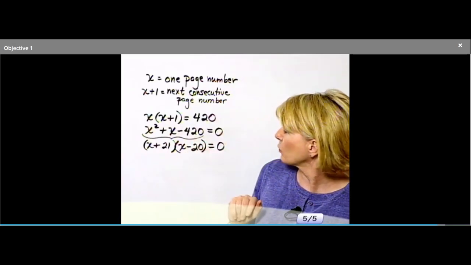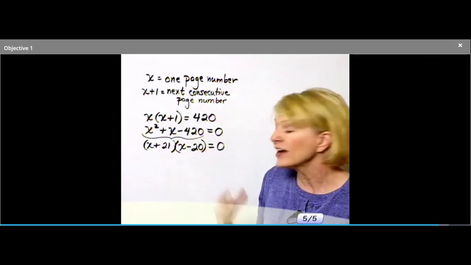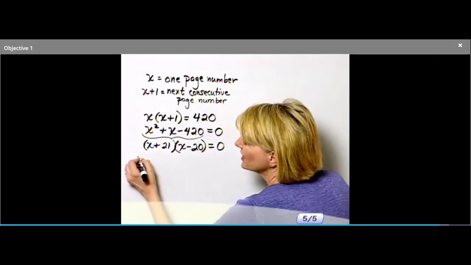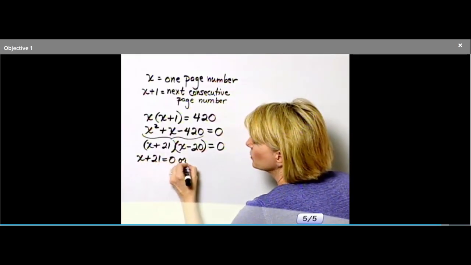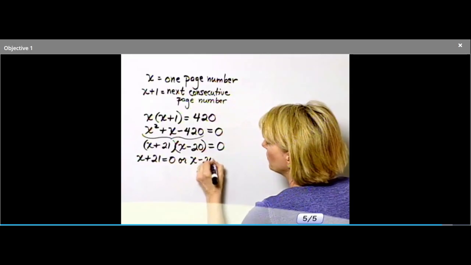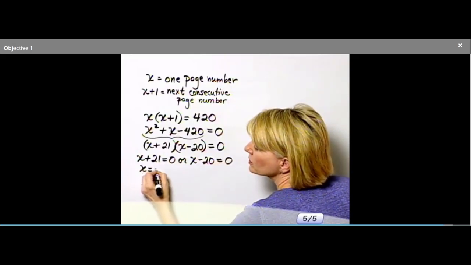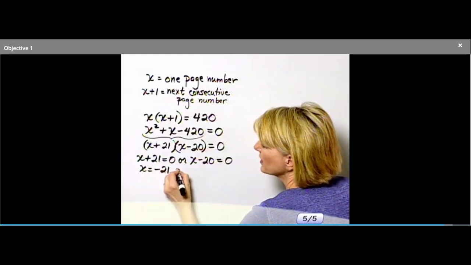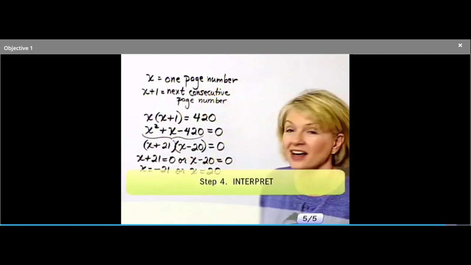That product is negative 420 and the sum is 1. Now, how do you finish solving this quadratic equation? You set each factor equal to 0, and then you solve. Here, I'll subtract 21 from both sides. Here, I'll add 20 to both sides.